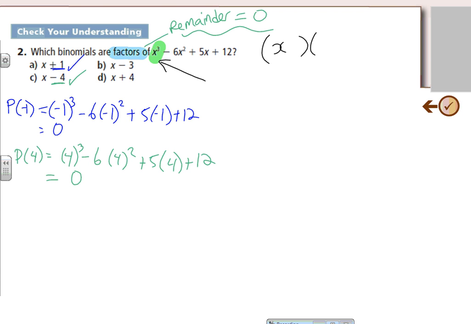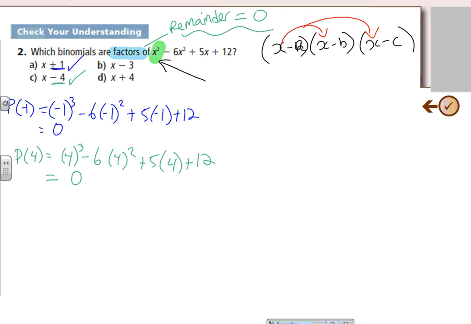So we'll say x minus a times x minus b times x minus c, and those could be plus or minuses, doesn't matter. The only way that we're going to get an x cubed is if we are multiplying 3 x's together. So there's probably 3 factors.